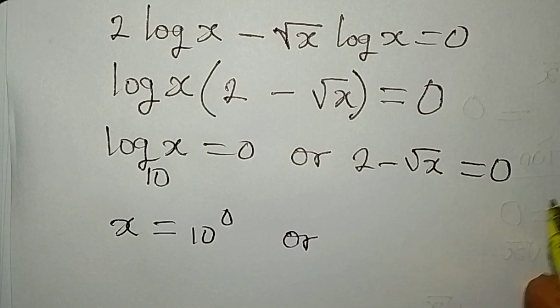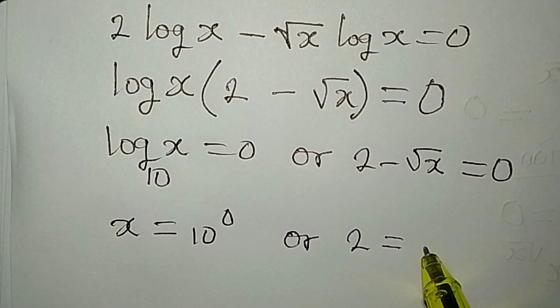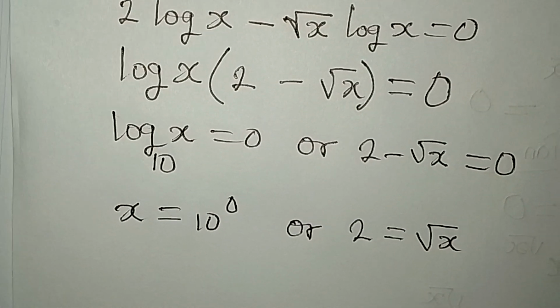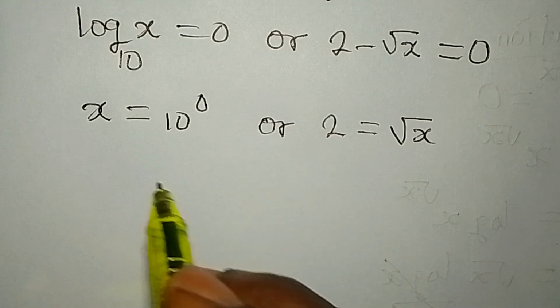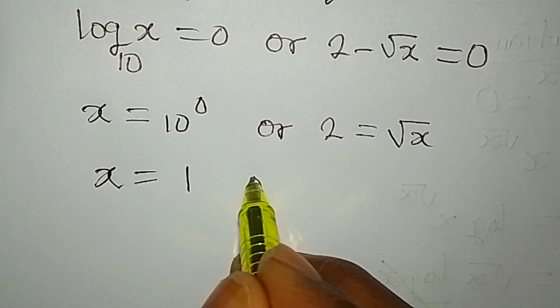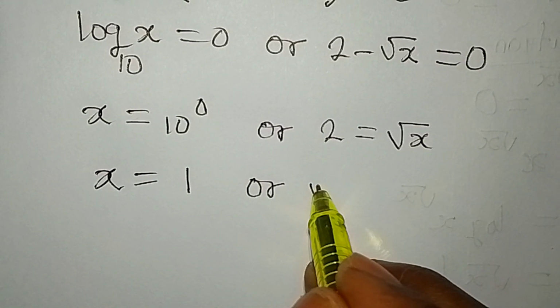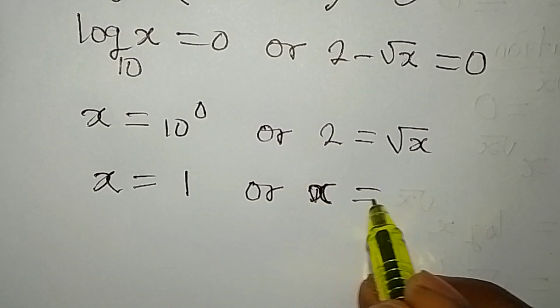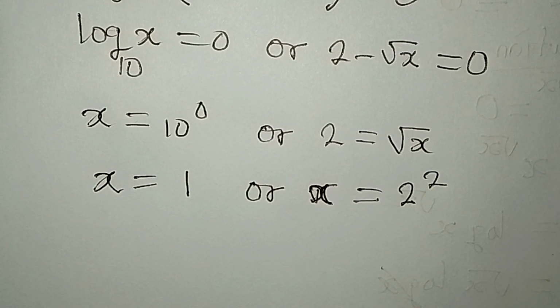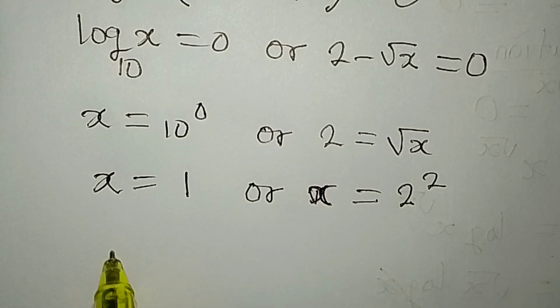Then on this side, we have 2 equal to square root of x. And 10 to the power of 0 is 1. Then on this side, okay, x will simply be equal to 2 to the power of 2, just like I did in the first method.